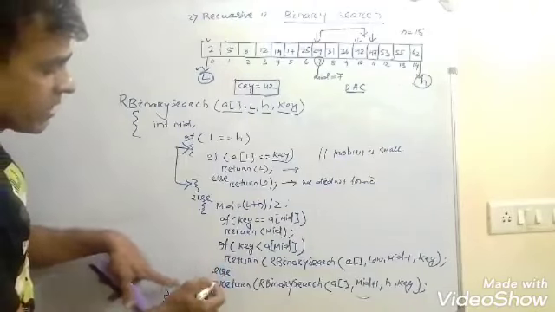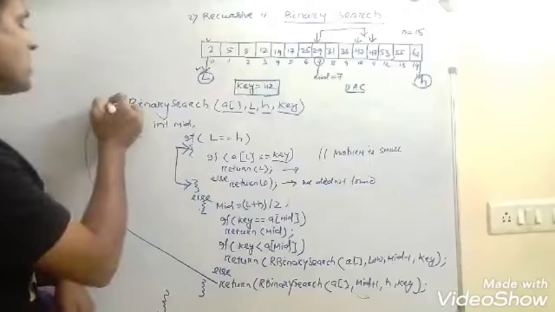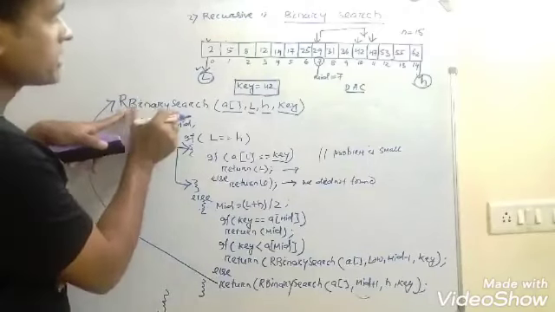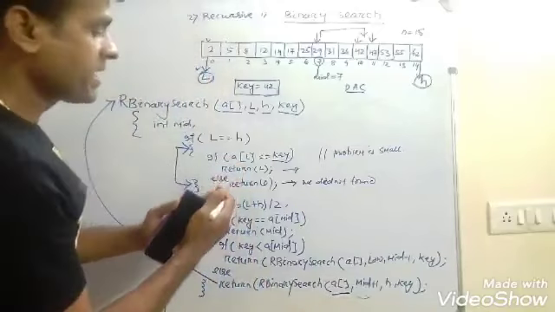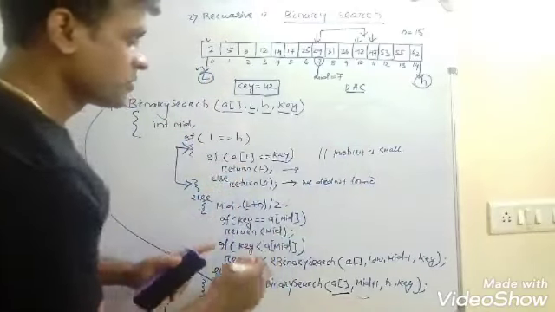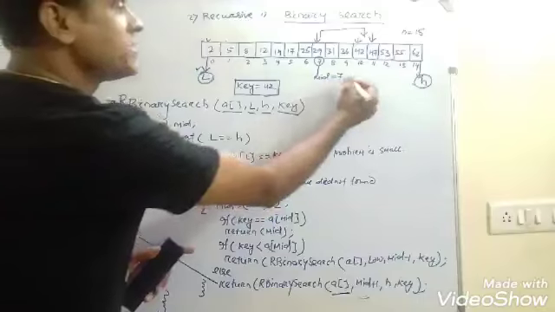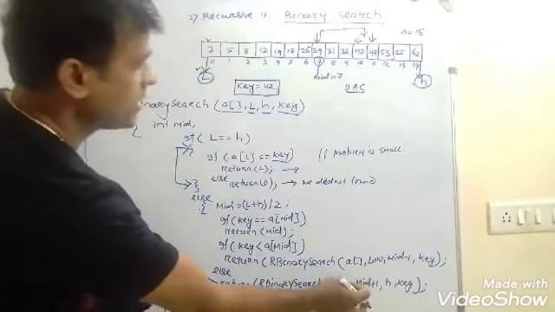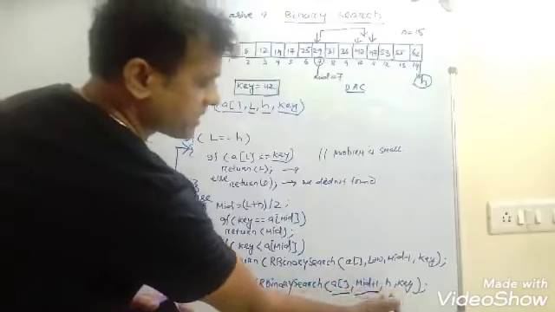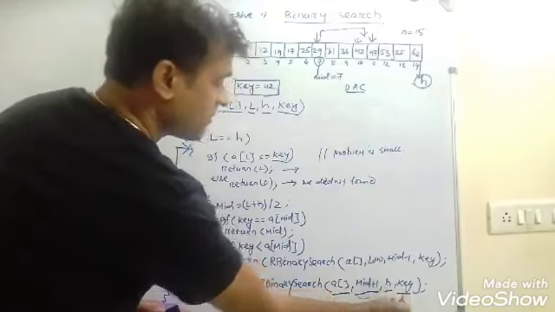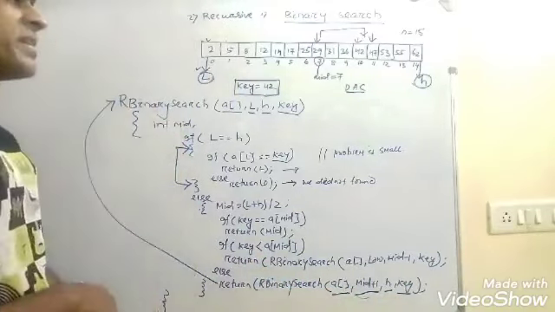In the else part, I will call the same recursive binary search and pass the array, and as my key is available in the right side, I will take the low value as mid plus 1. So low is equal to mid plus 1, high is the same, and key will be the same. So I called this.